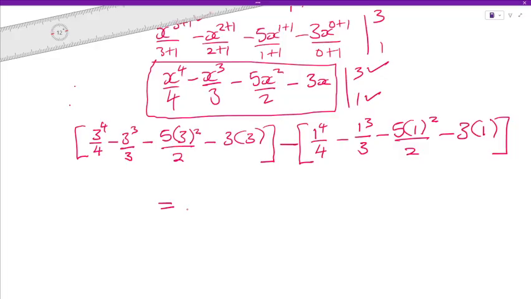So my upper limit is 3, lower limit is 1, and then in the brackets I'll say x to the power 4.